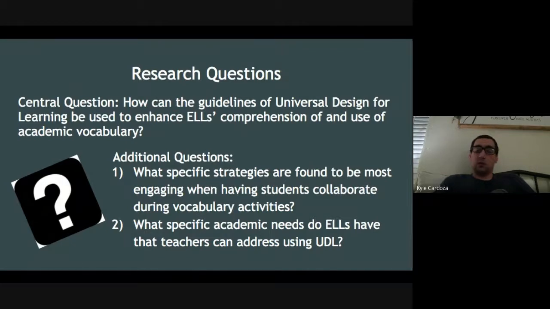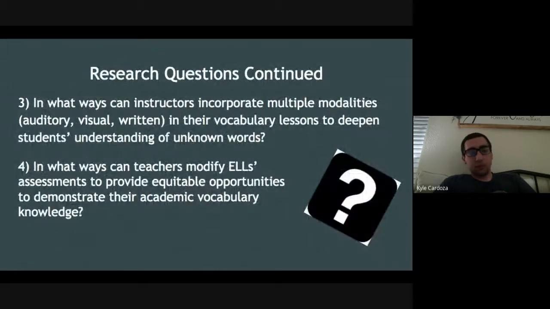And then the additional questions are also answered by instructors. So, do the instructors think that it was effective in each of the three different categories? So, multiple means of representation. Do they think it was effective in terms of using multiple modalities in their lessons?